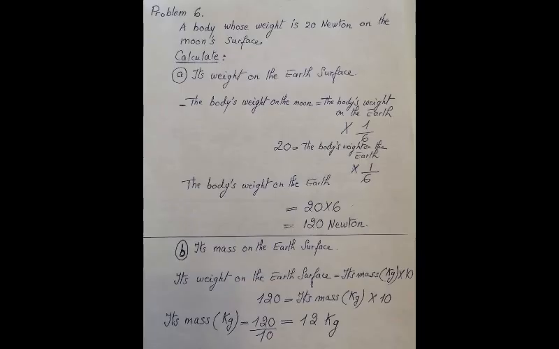Problem number 6. A body whose weight is 20 Newton on the moon's surface. Calculate its weight on the earth's surface. We know that weight on the moon's surface is less than on the earth's surface. We write the same law: the body's weight on the moon equals the body's weight on the earth times 1 over 6.